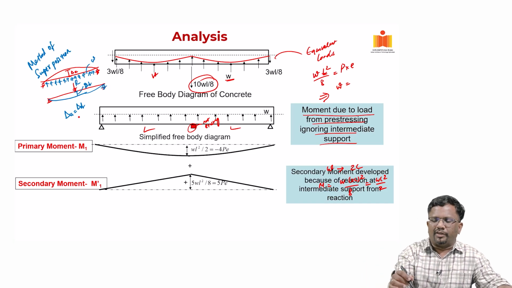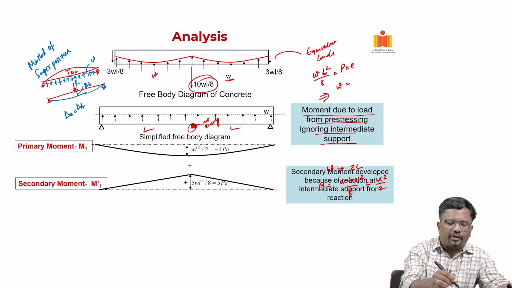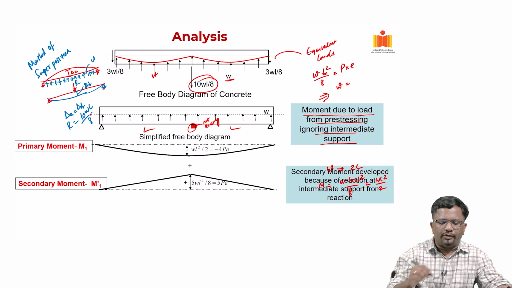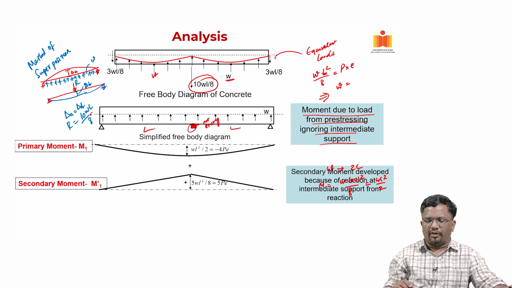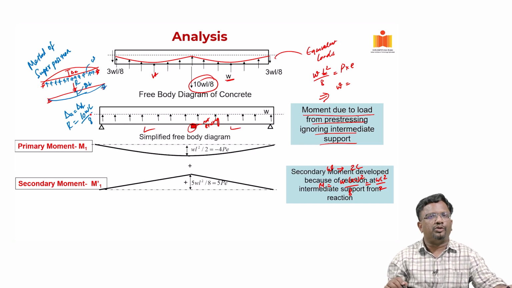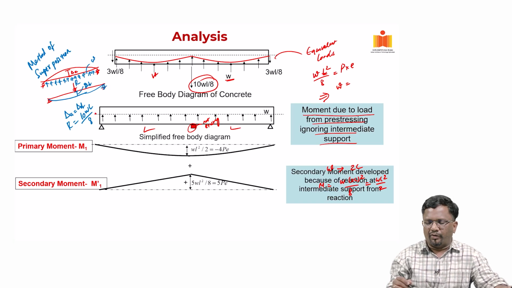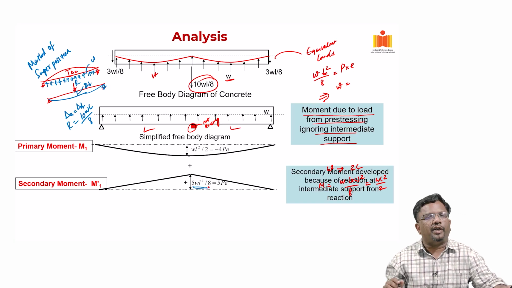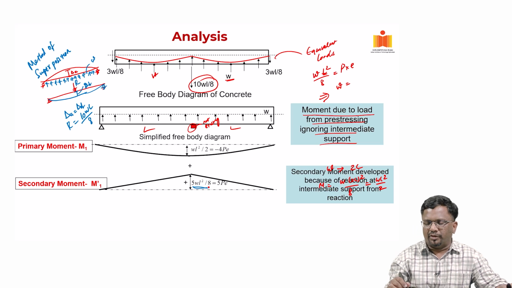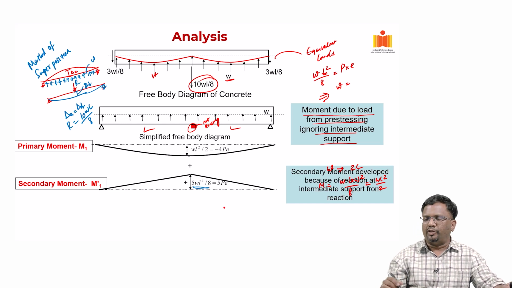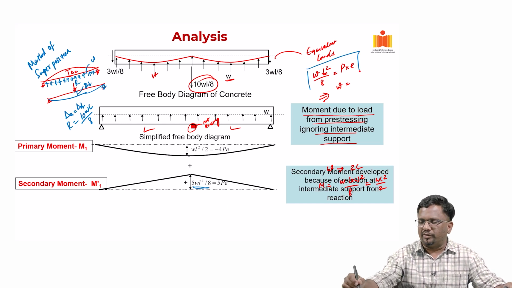So the whole point is, let us say that we have found R like this. For this example, I can estimate that as 10 WL by 8. Now what would be the moment produced by this 10 WL by 8? We multiply it by L by 4, and you will get the moment as 5 WL square by 8, which is equal to 5 into P, assuming P is equal to WL square by 8.